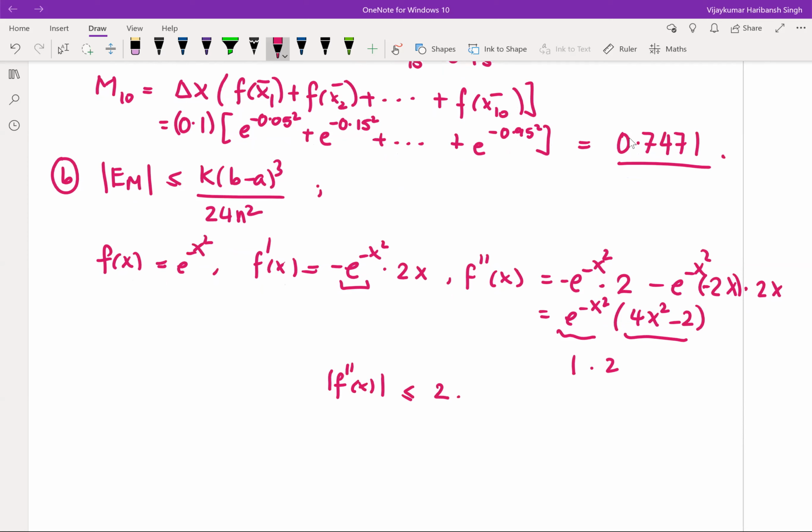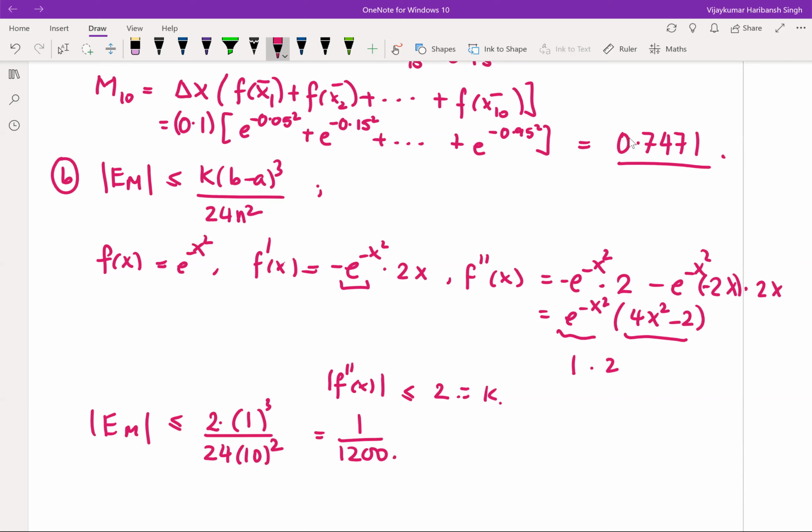Note that there are better analyses than this, but we have f double prime of x less than or equal to 2, which is your K. So put that there. We get E_M is less than 2 times (1 minus 0) to the power 3 divided by 24 times 10 squared, which is going to be 1/1200.